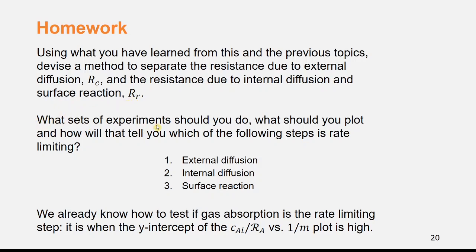What sets of experiments should you do? What should you plot? And how will that tell you which of the following steps is rate limiting? External diffusion, internal diffusion, or surface reaction? We already know how to test if gas absorption is the rate limiting step. It is when the y-intercept of the CAI divided by the rate RA versus 1 over m plot is high.